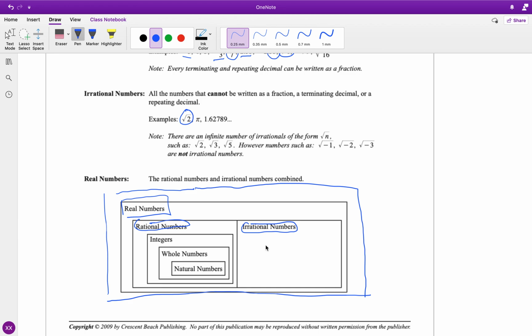Now some students, of course, also know: besides real numbers, is there any other type of numbers? Yes, there are. So there's another box, which is unreal numbers. Well, another way to say it is complex numbers, imaginary numbers.